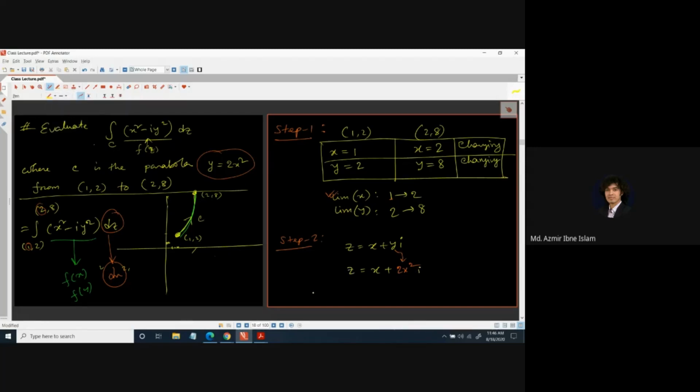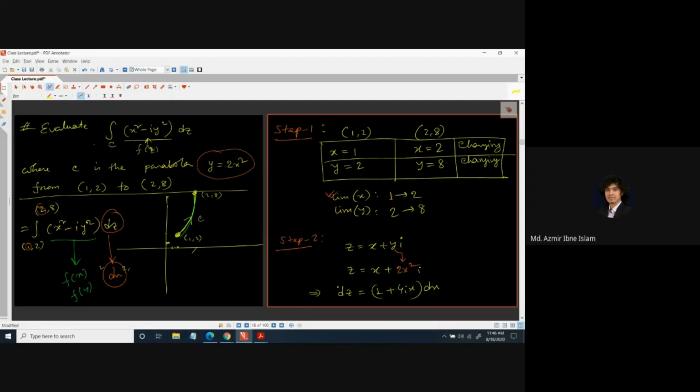So this is z. Now if we differentiate, can I write directly dz? We are differentiating in terms of x. So the differentiation of x is 1, and it will be 4x i, or we can write 4ix dx.